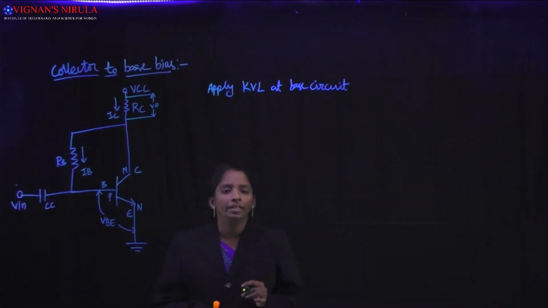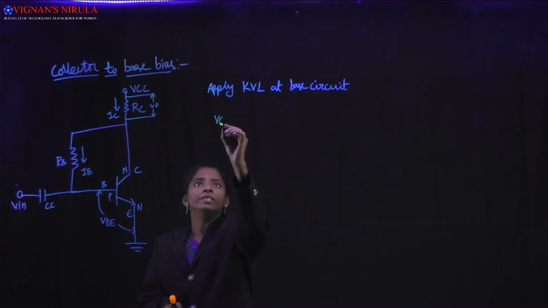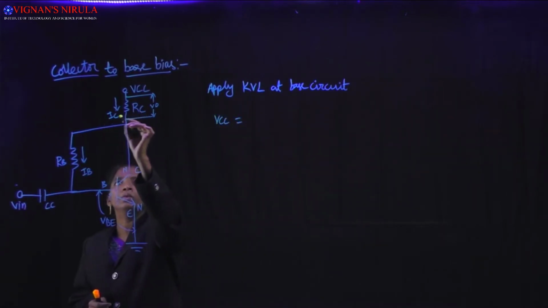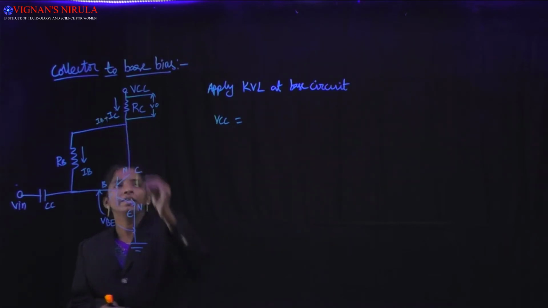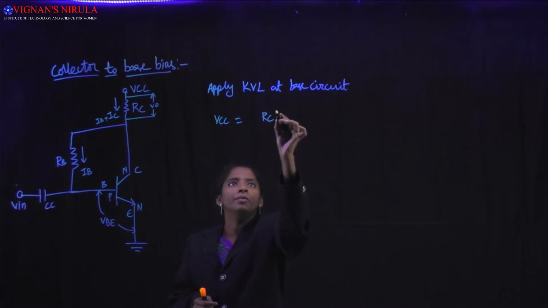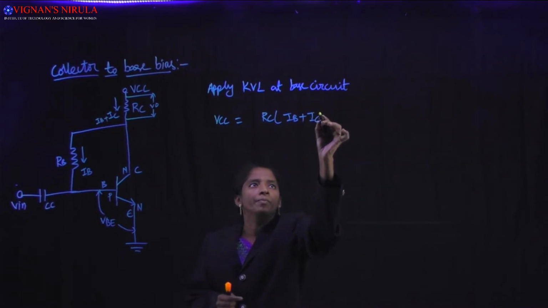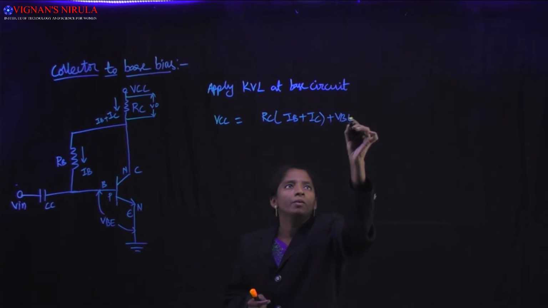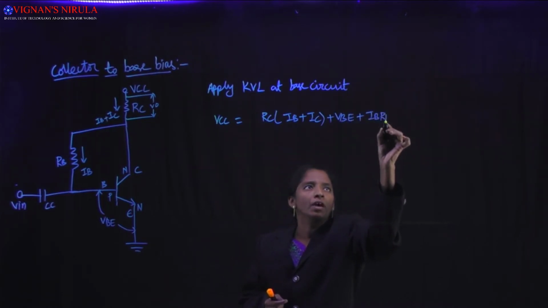Now we are getting VCC equal to, the current flowing through the resistor RC is IB plus IC, so VCC equal to RC into IB plus IC, plus VBE plus IB into RB.